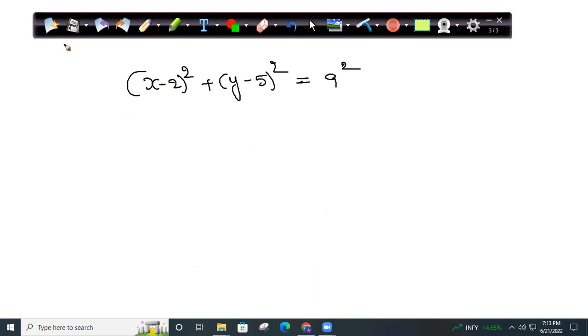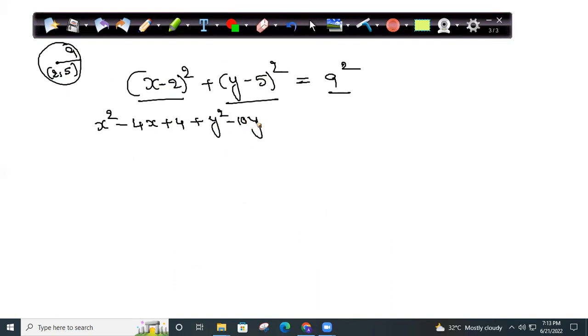So if the center is (2, 5) and the radius is 9, the equation of the circle is (x minus 2) whole square plus (y minus 5) whole square equal to 9 square. Let me expand this. x square minus 4x plus 4 plus y square minus 10y plus 25 equal to 81.